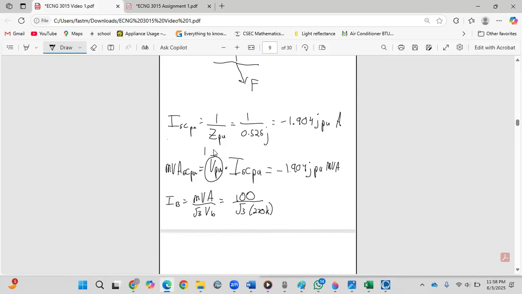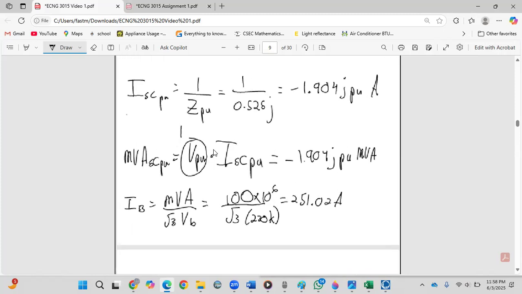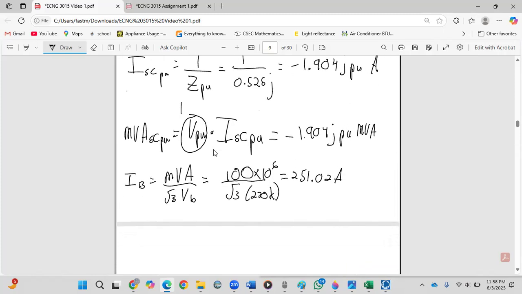There's MVA. So when you do the maths, it'll be 100 mega divided by root 3, 230 k. And when you do the math, you'll get 251.02 amps. So now, if you want the actual fault current, which is really what we want any day, I actual will equal I short circuit per unit multiplied by I base.